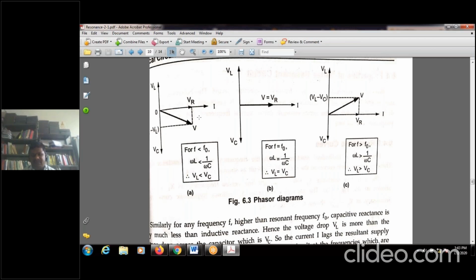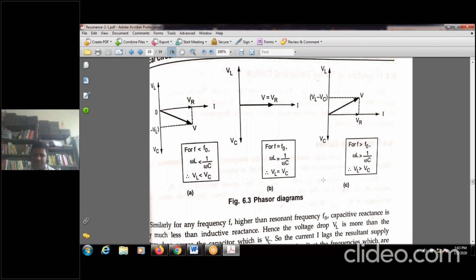They are shifted by some phase angle, up to 90 degrees, depending upon the values of the components. Anyhow, except at the resonant frequency, at all other frequencies there is a phase shift between V and I. That is about phasors.